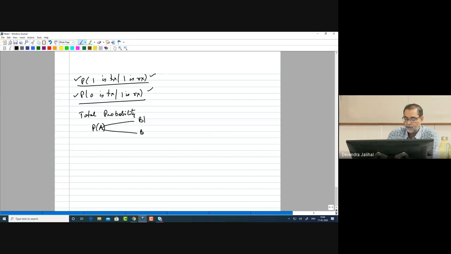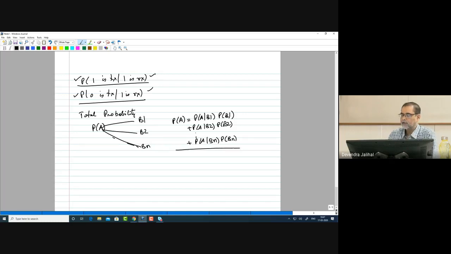A is again observed when event B2 happens, and so on up to Bn. So probability of A will be probability of A given B1 into probability of B1, plus probability of A given B2 into probability of B2, and so on up to the last, probability of A given Bn into probability of Bn.